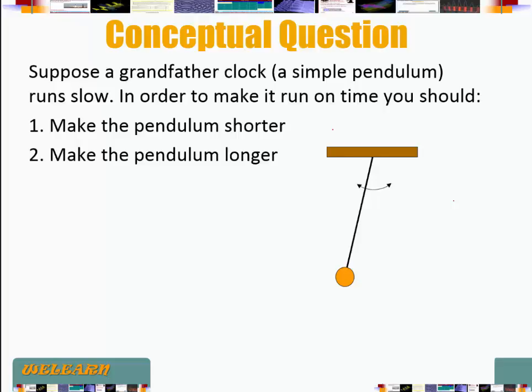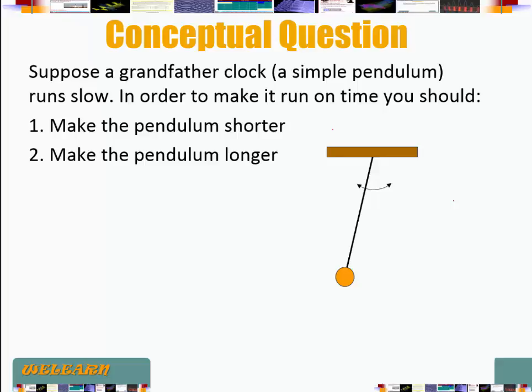Let's work these examples. In this particular case, we have a grandfather clock, which can be approximated to a simple pendulum, runs slow. In order to make it run on time, we should make it longer or shorter.